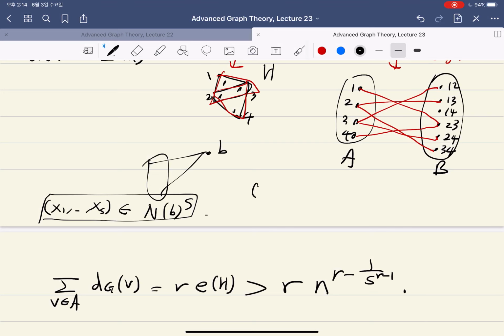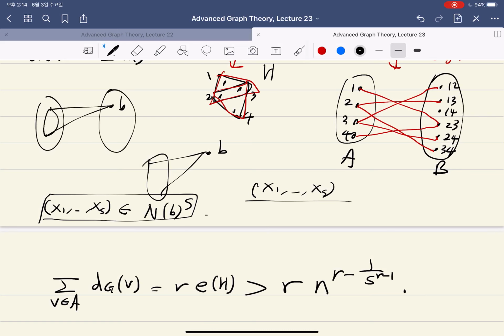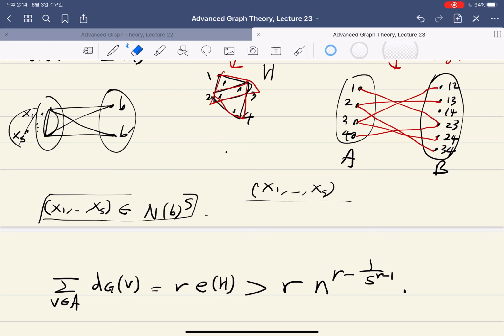But for each x1 to xs, this tuple, how many times is it counted? So we have B, which has, say, x1 to xs, and another B prime, which also has this. In that case, this specific tuple might be counted twice. The number of times it is counted is that you take x1 to xs, this tuple, some of them might be the same vertex, and then consider the common neighborhood of this.